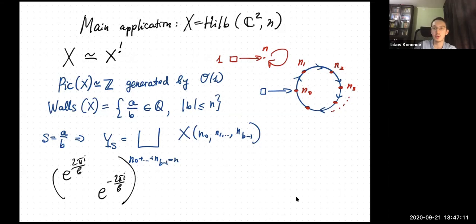This is the Hilbert scheme of points on the resolution of singularities of A_{B-1} surface.